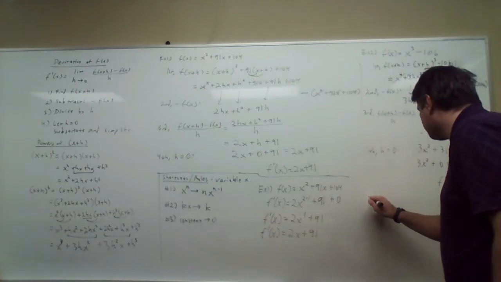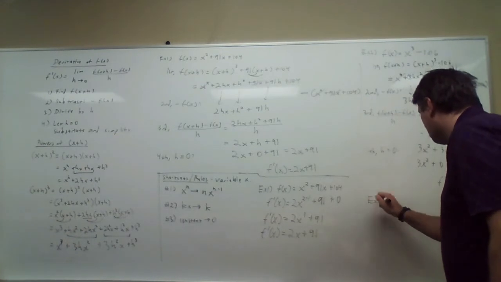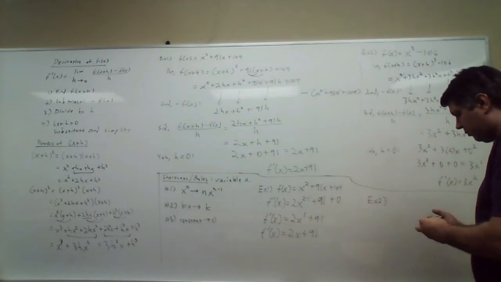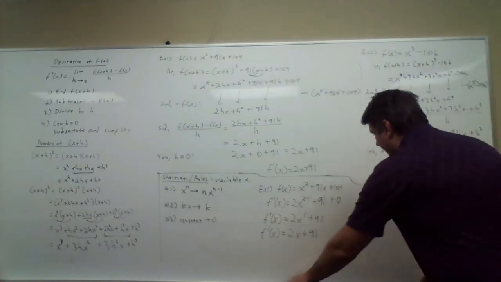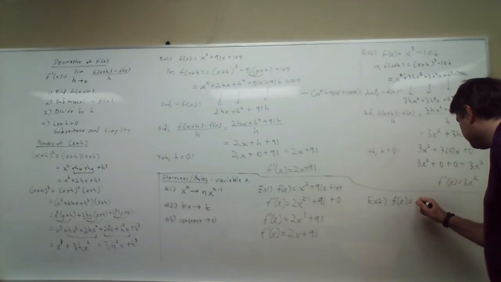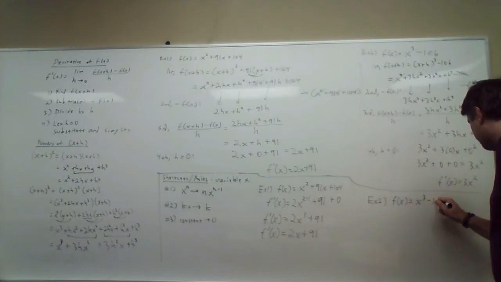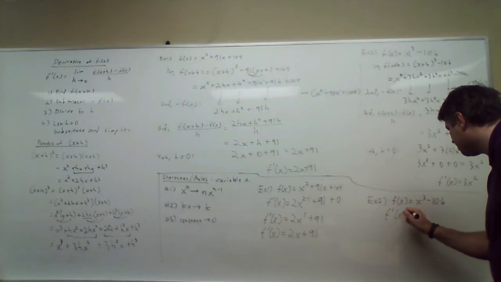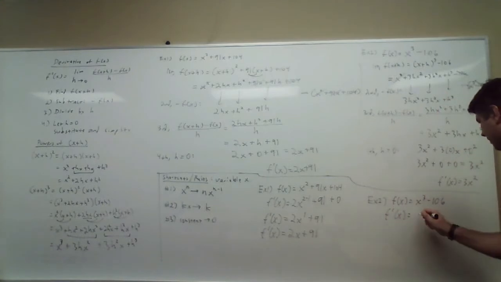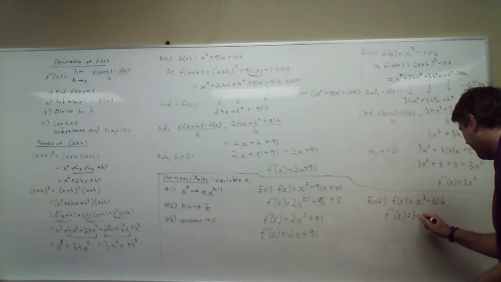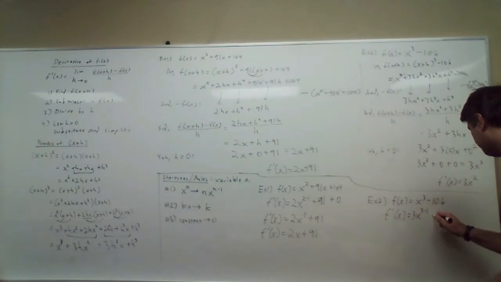Okay? Example 2. We're going to use the example that we used up here, which is f of x equals x cubed minus 106. Its derivative, f prime of x, would be, according to rule number 1, move the 3 to the front, and we will go down a power.